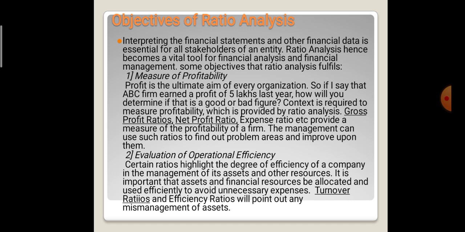It immediately becomes relatable. Thus it is better to say that the debt to equity ratio of an organization is 1.73 instead of stating that the organization has taken a loan of so many crores. Similarly, ratio analysis simplifies the understanding of financial statements.